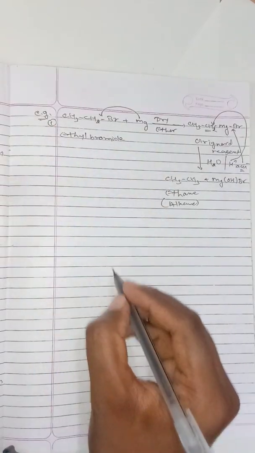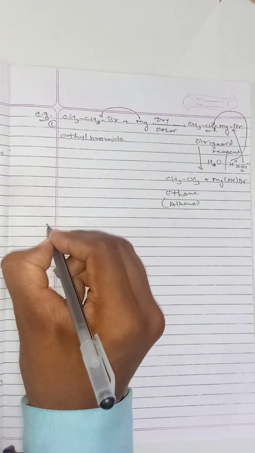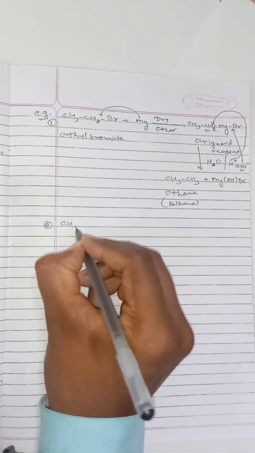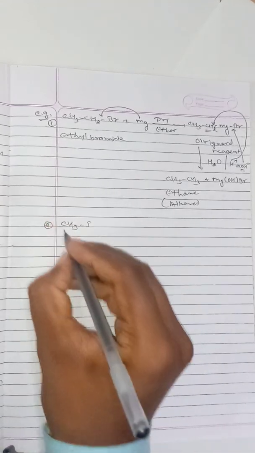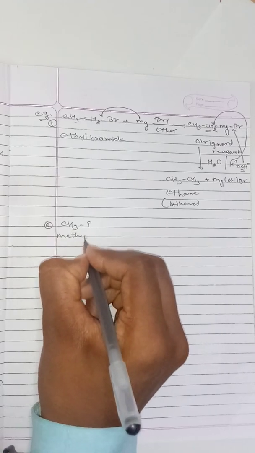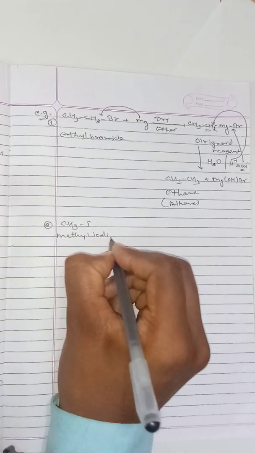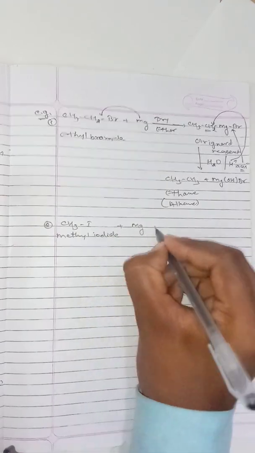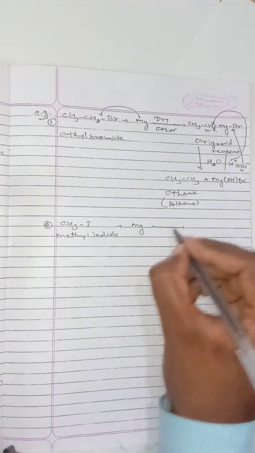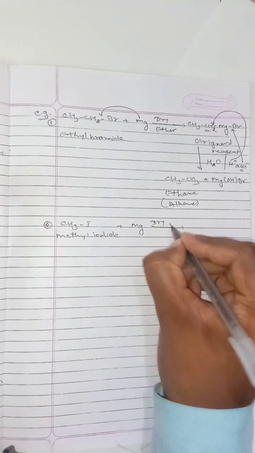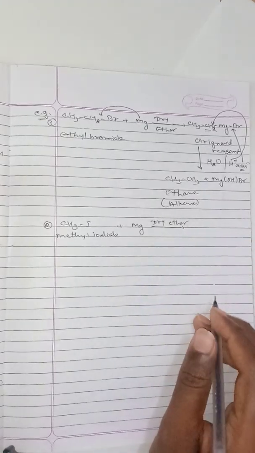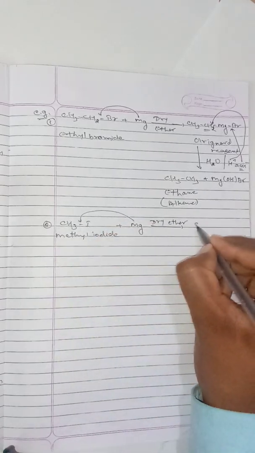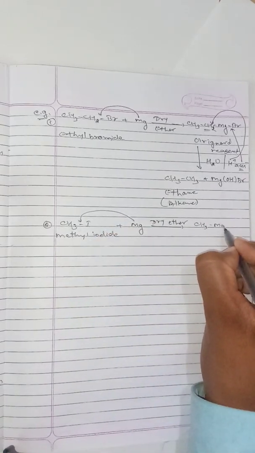This is the first example. Number 2, suppose here methyl iodide reacts with magnesium in presence of dry ether. Simple, magnesium is added, CH3MgI.